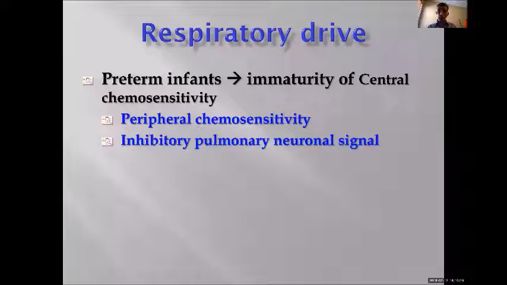The premature baby is immature. The central chemosensitivity is immature. And that immaturity decreases the peripheral chemosensitivity. And also there is immaturity of the inhibitory pulmonary neuronal signals.